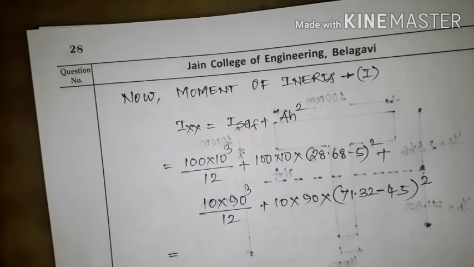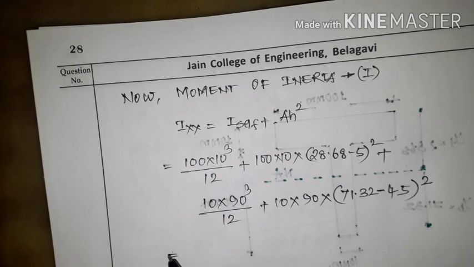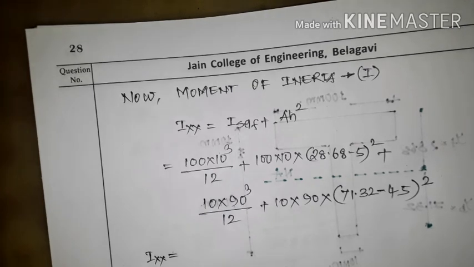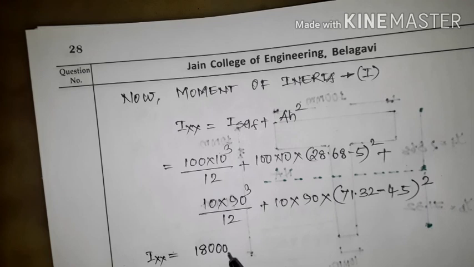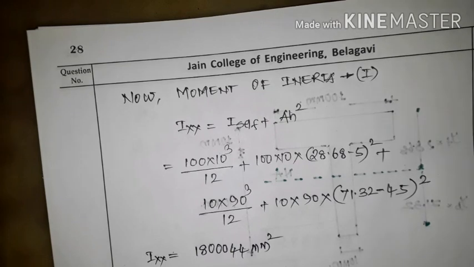So we will get Ix is equal to 18,000,44 mm square.